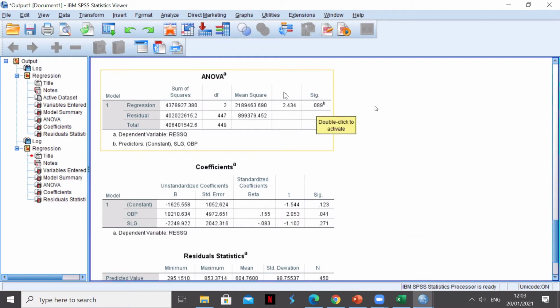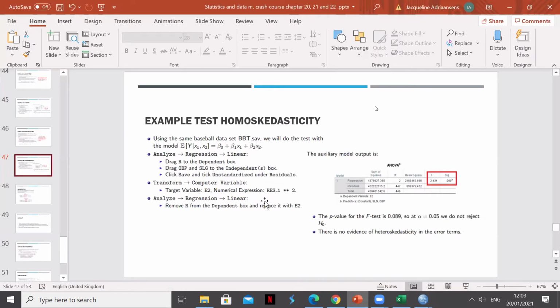Of course, we can get our critical value in SPSS, but using the significance usually is easier if they have given a significance level. So they give us an alpha of 0.05.